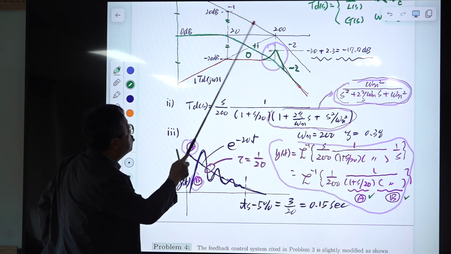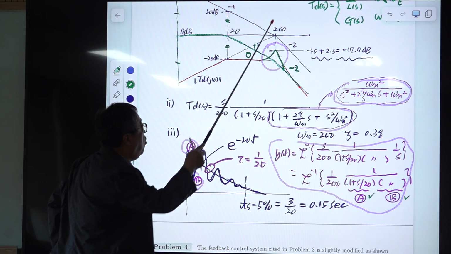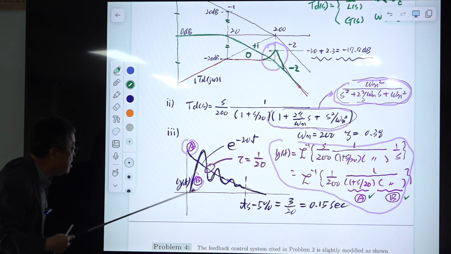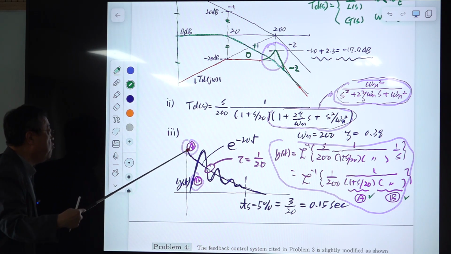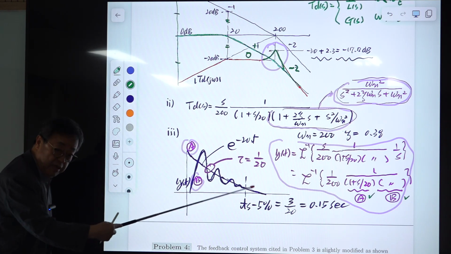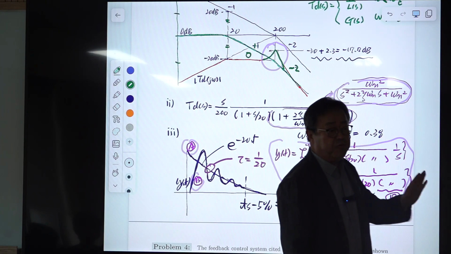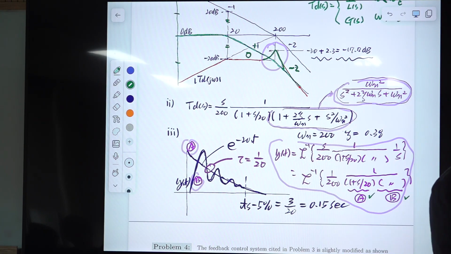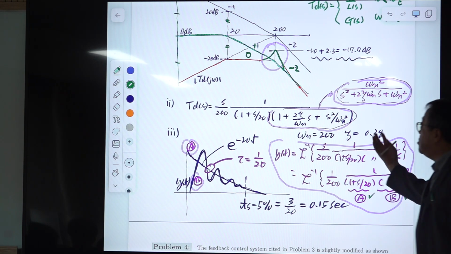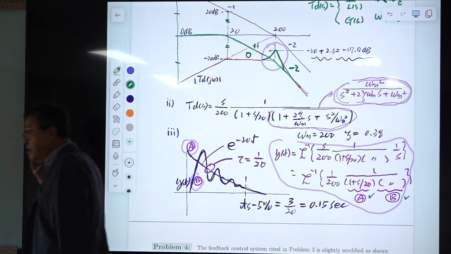The phase margin of the loop gain is very small, this will go up, and this AC component is very large, and your waveform will be like this. Okay. If they see this, they don't know what to do. They don't know what the problem is. Okay. So this is the problem of the loop gain.